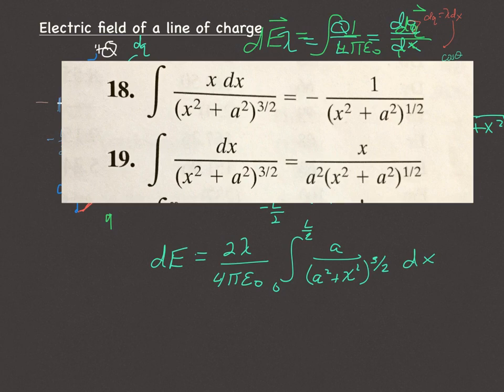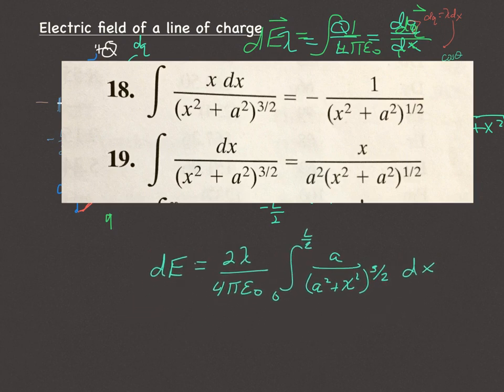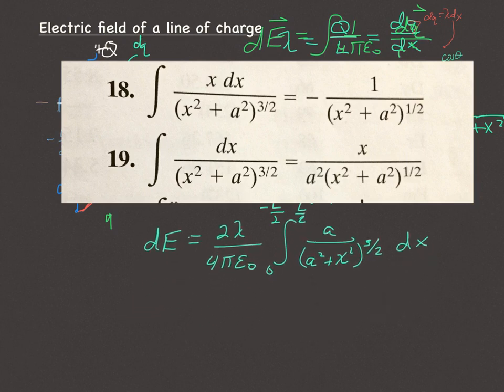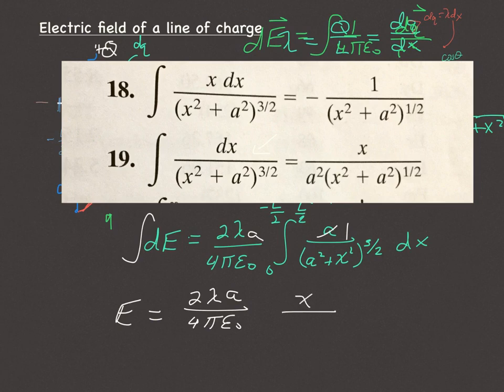So we have that the total electric field, let's move that up, which is really what we're doing anyway, the total electric field is equal to, I'm going to pull that A out, we have 2 lambda A over 4 pi epsilon naught, and then this would just be like the integral listed above, so that our solution is going to be x over a squared, because it's the same variable, a squared plus x squared to the 1/2.